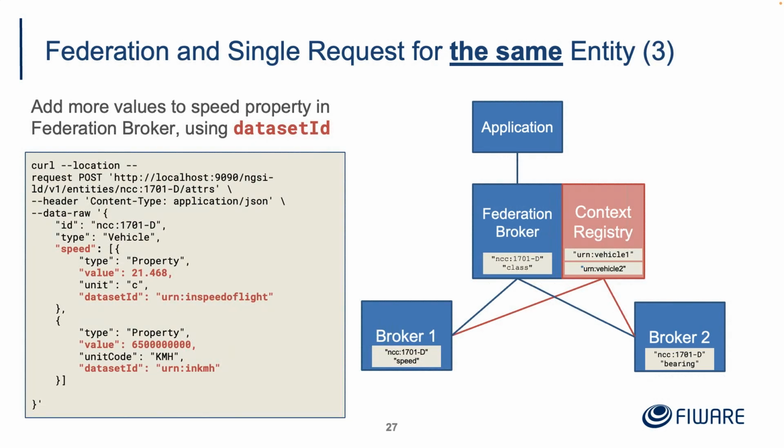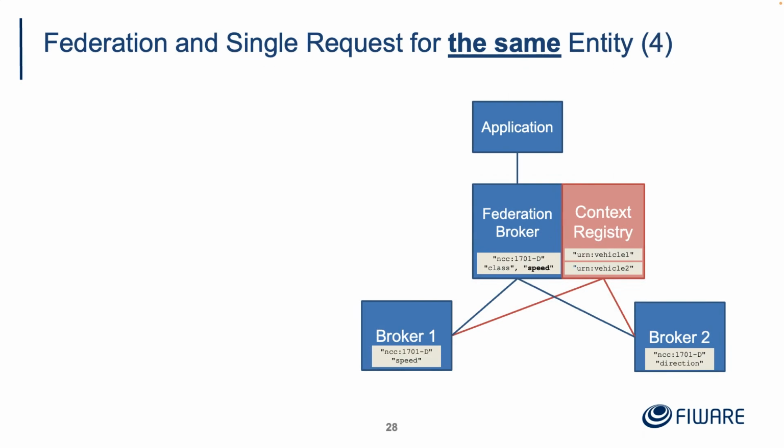You can add in additional values for the multi-attribute case. Again, perfectly well supported using datasetId. Not a problem. You can do it in kilometers per hour. You could do in whatever units are necessary, depending on what value you've got. And once again, you can get the information coming through.